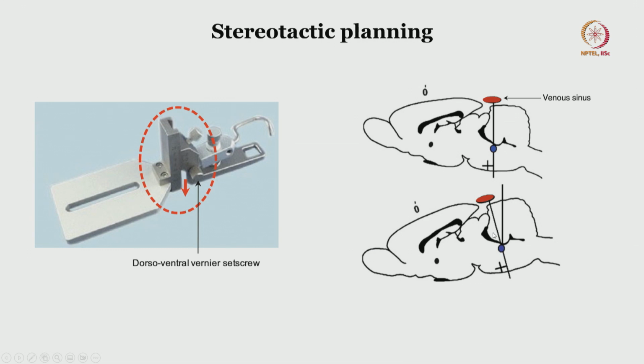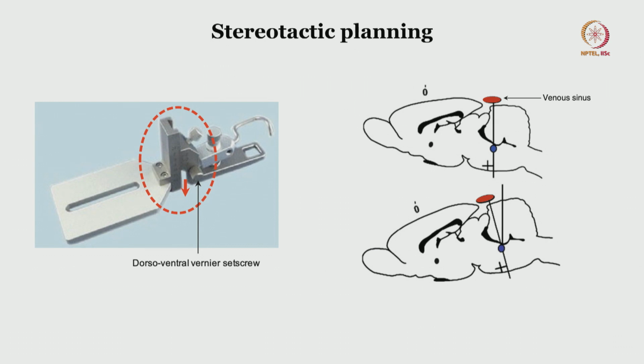So, this is one example where you will have to avoid a critical structure being damaged during the planning of trajectory. This is what I wanted to emphasize in this brief recap on the importance of stereotactic planning. These are very crucial steps which are a little more complicated than the actual surgery.